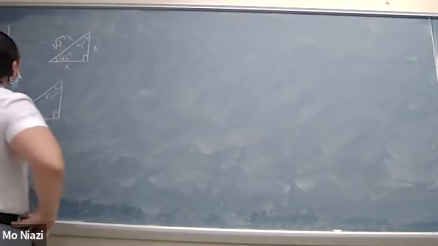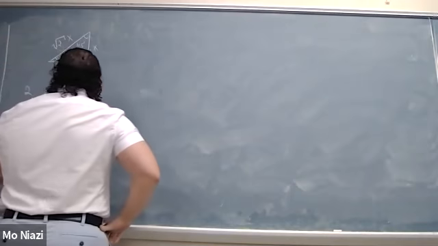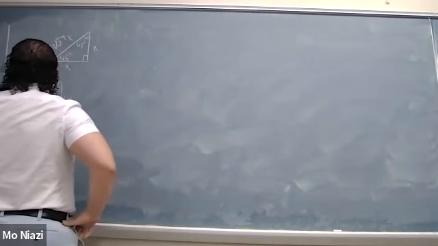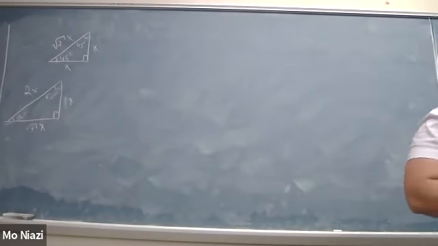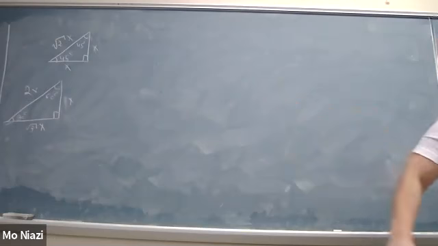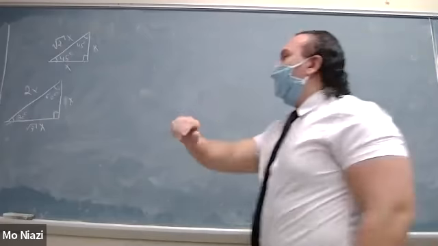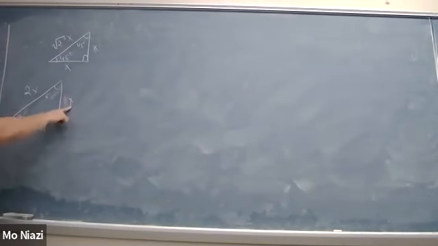If this is your root 3, this is your 2, then this is your 1, x. I showed before, when we talked about special triangles, that you can scale these triangles by some arbitrary factor x. I utilized it in the proof to show that in a 30, 60, 90 triangle, these values hold using the Pythagorean theorem.